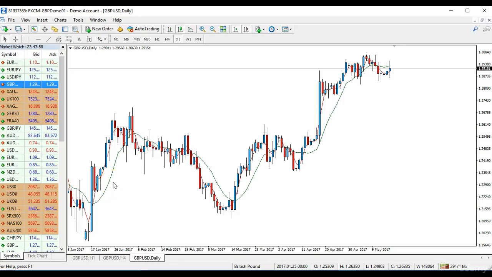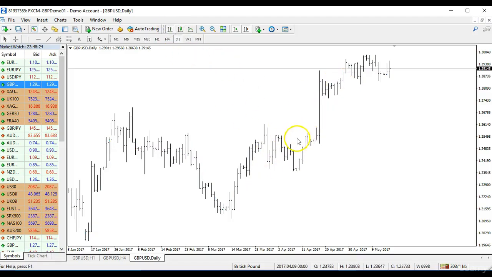So let me just very quickly go through how you would use the platform. What I will do first of all is remove everything here, all the indicators. Now, what you see first of all is that I use what's called candlesticks, and if you want to change how it appears on the screen, you can click that.